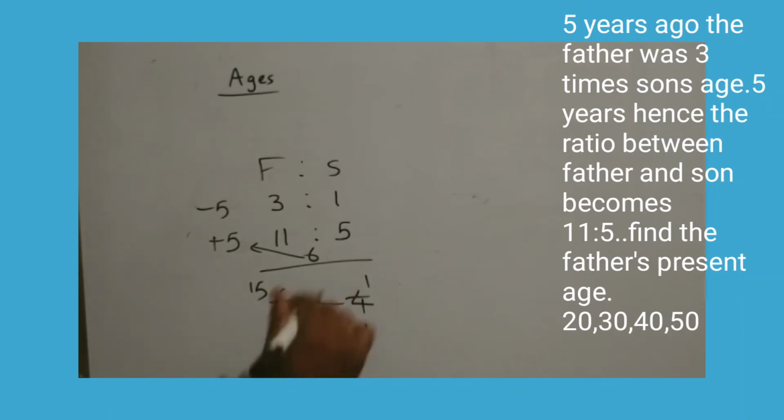Now father and son ratio, if we take, father is 3 times. That is, father is equal to 3 into 15, 45, and son is 15. This is 5 years ago. Present, add 5 years. 45 plus 5, 50, and 15 plus 5, 20.